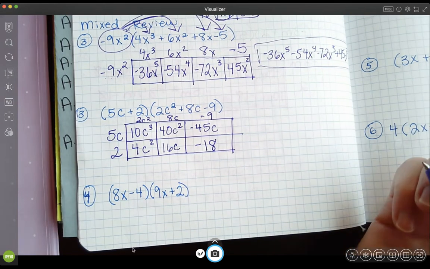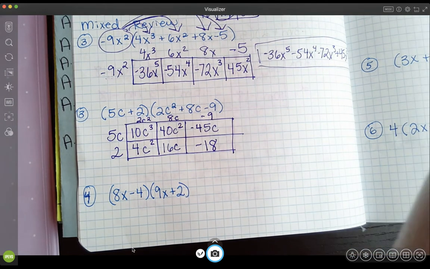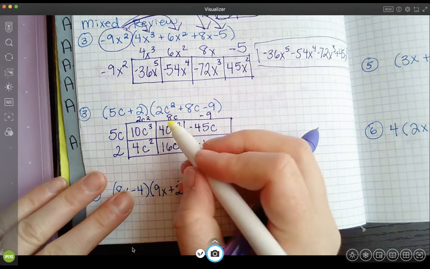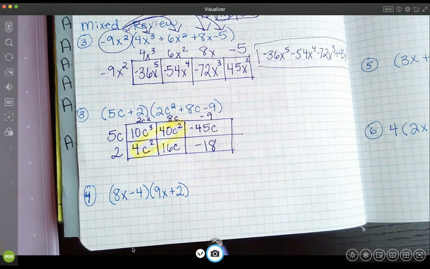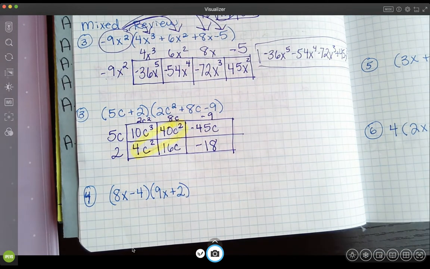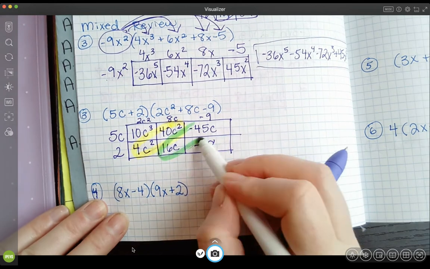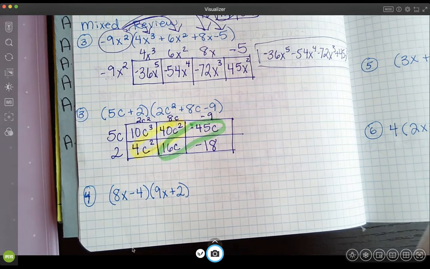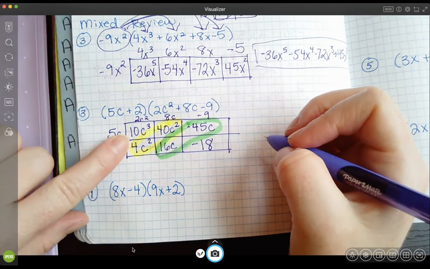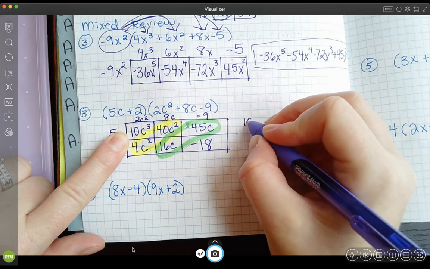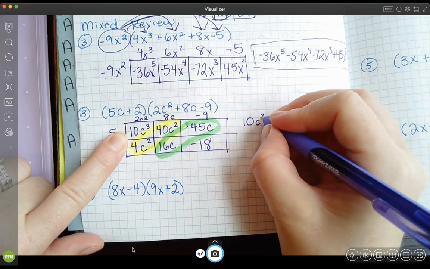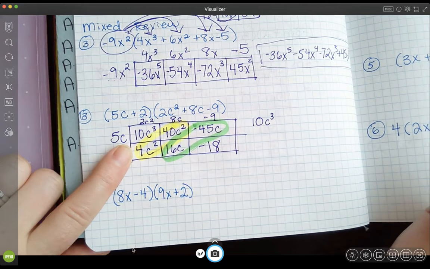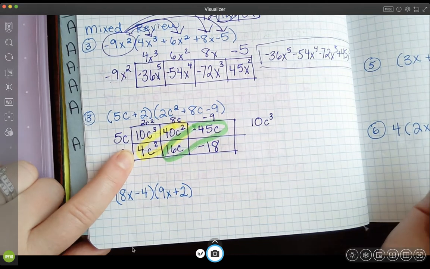And so we need to simplify this. What I usually see is your diagonals are usually your like terms. So those are like terms, and these are like terms. So this is our first term because it has the biggest exponent. And then we have 4c squared and a 40c squared.